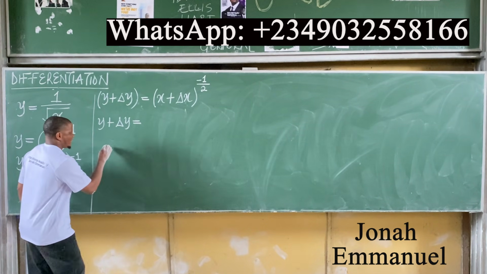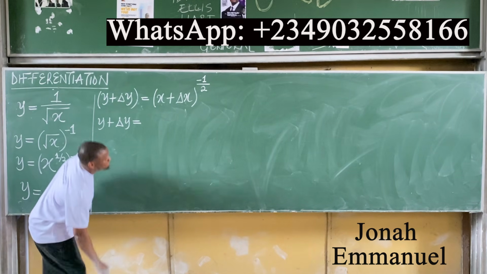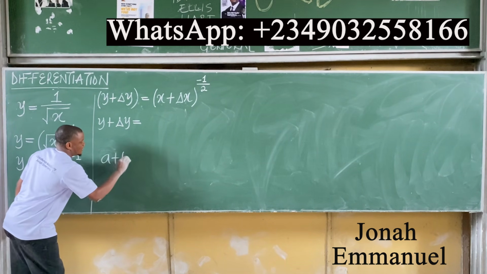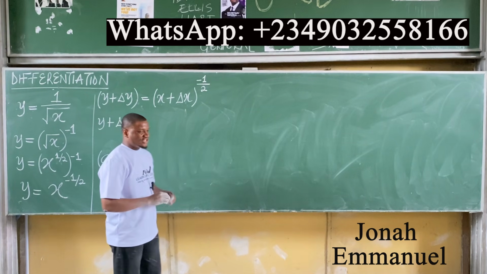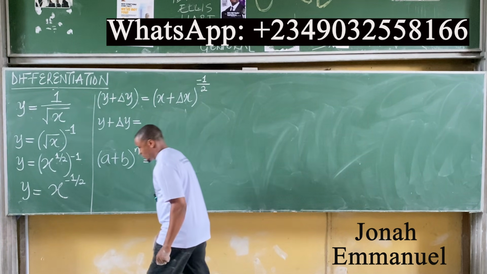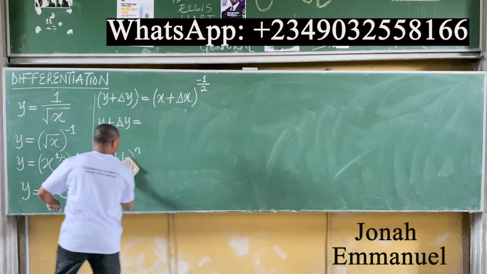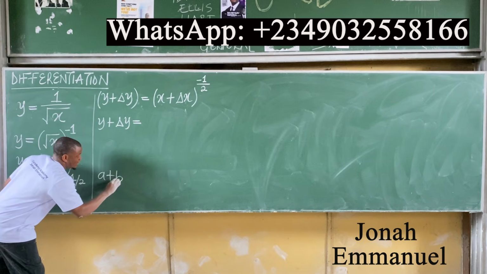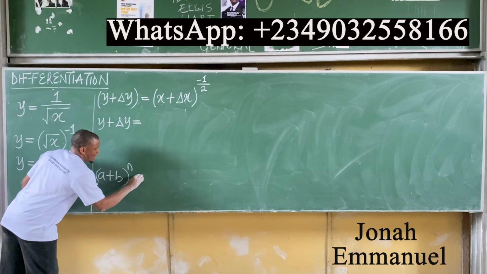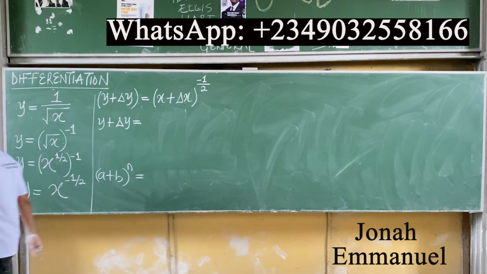If I have a plus b to the power n, where n is a negative or rational number, let me bring it down for space sake. If I have this a plus b to the power n, how do you expand this? That becomes the question.